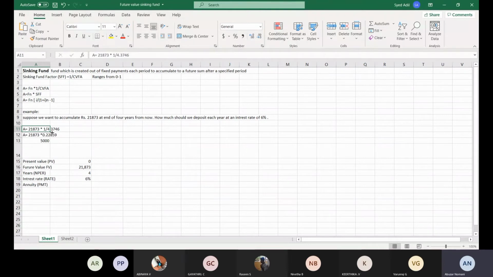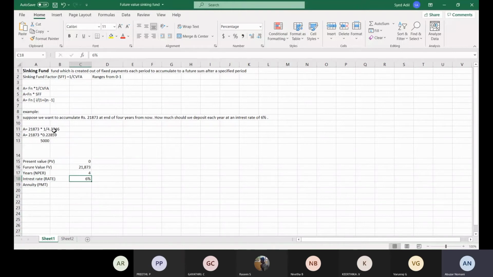How much is the compound value factor annuity? We can take this CVFA value from the table of compound value factor of an annuity. We have to see the interest rate of 6% for 4 years. The value given in the table is 4.3746.